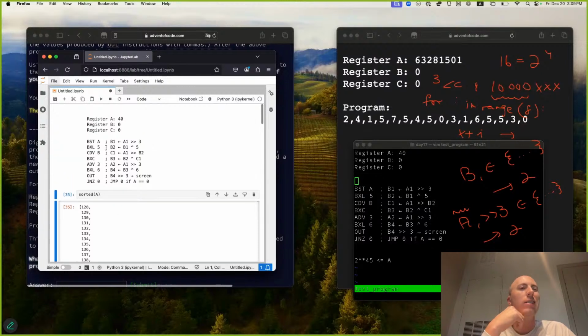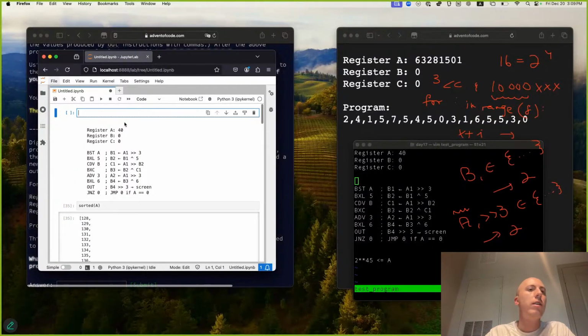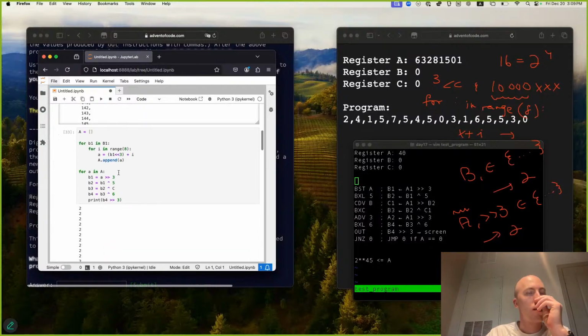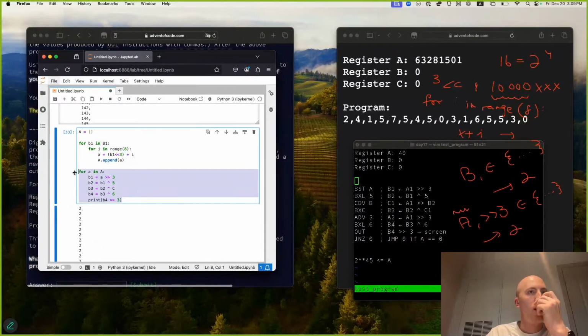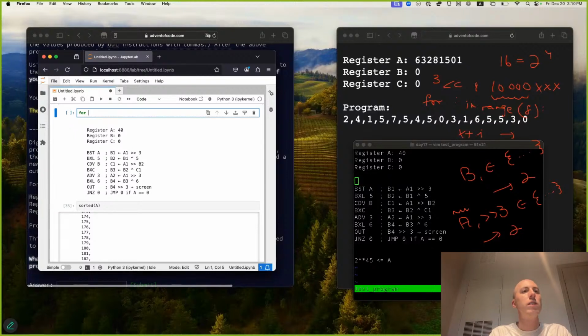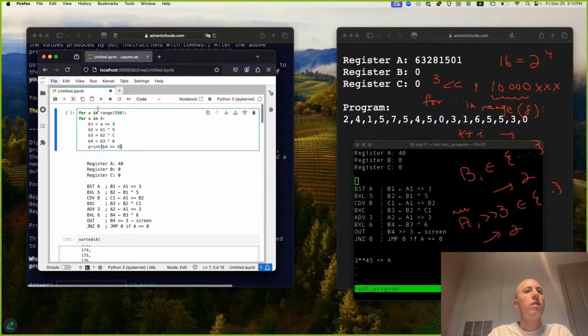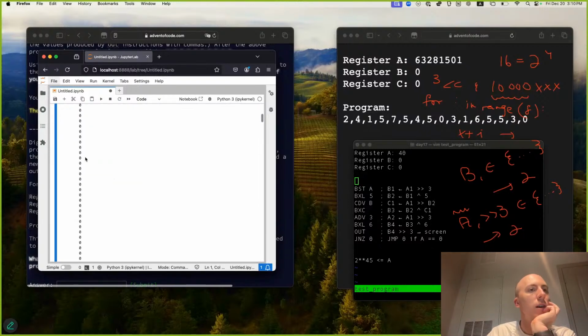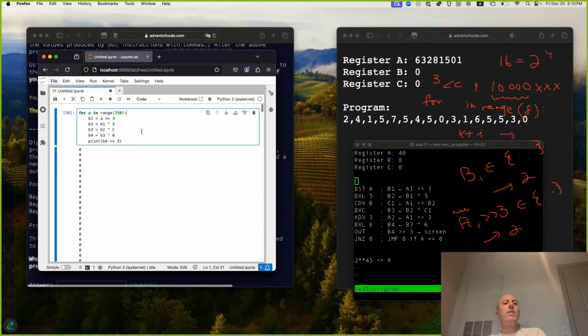We can verify this, not 100%, but let's say this is 128 up to 256, for A in range 256. Let's do this and verify that. Okay, we print 0, 1, and 2, and that's kind of it. So that's looking good. There's no discontinuities or whatever.